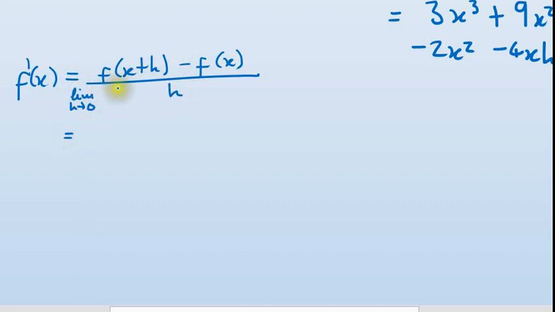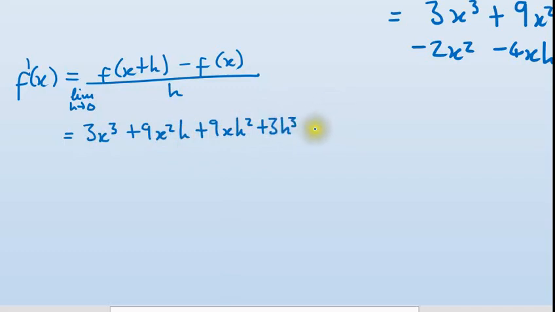Let's go for it then. f of x plus h. We solve for f of x plus h, and the h is that huge thing we have there. So we're just gonna have it as 3x cubed plus 9x squared h plus 9x h squared plus 3h cubed, right?